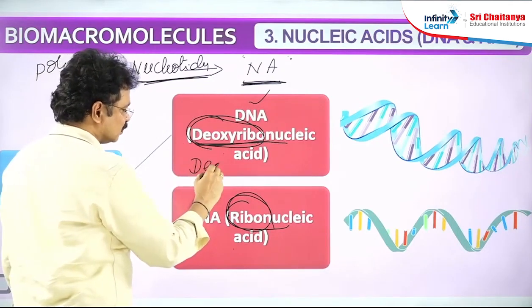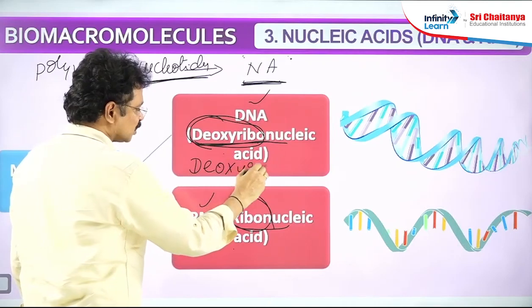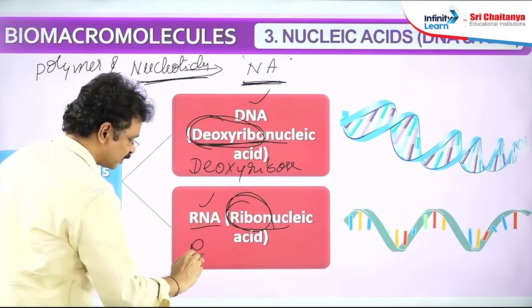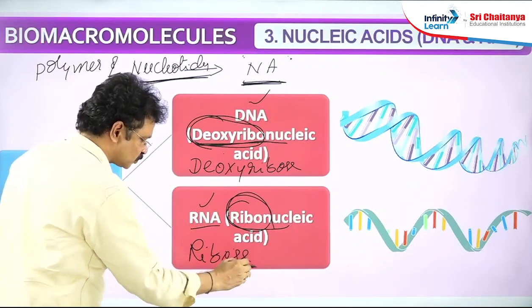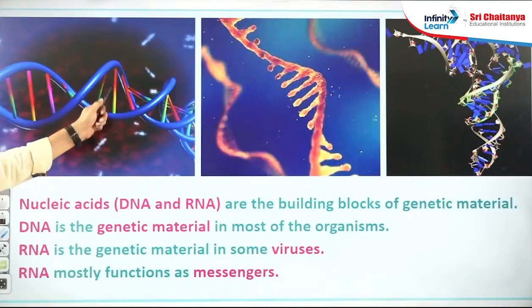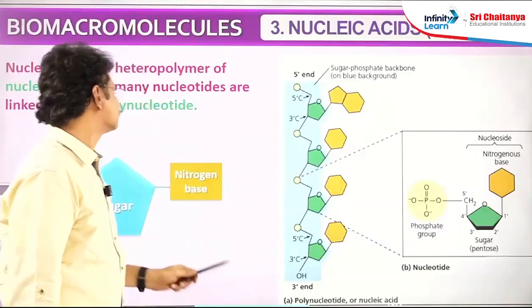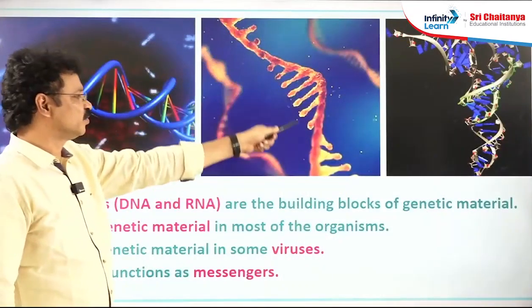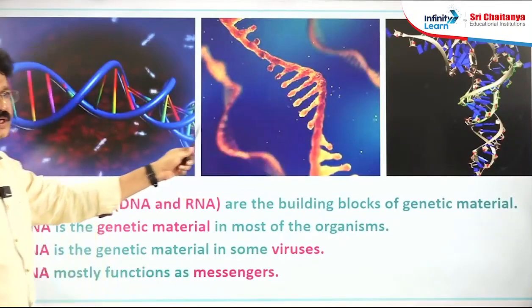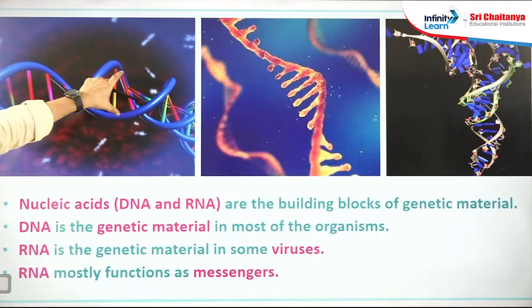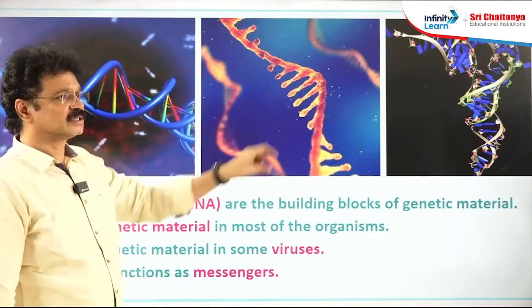In DNA it is deoxyribose sugar, whereas in RNA it is ribose. DNA is a double stranded structure, but RNA is a single stranded structure. RNA has only one strand, whereas DNA has two strands. Hence, we can say DNA is double stranded and RNA is single stranded.